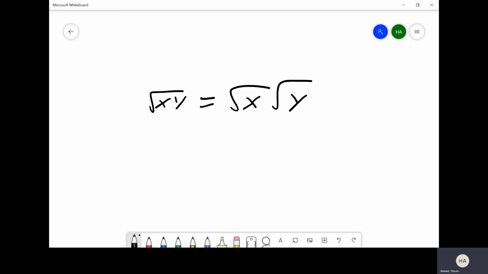If we have two roots that have the same indices, like here and here, then we can just combine them into one larger root with that same index. Those aren't zeros, I was circling the blank index there. Again, the index should be 2. If it's a square root and the index is not visible, it's assumed to be a 2.